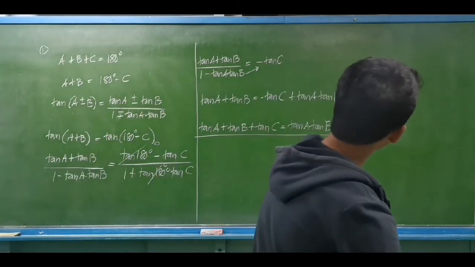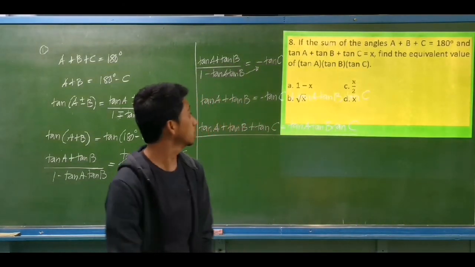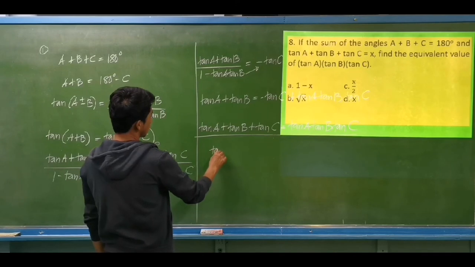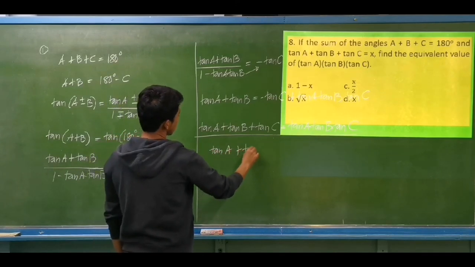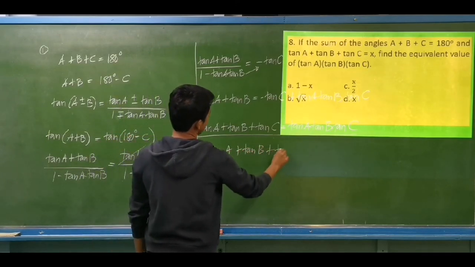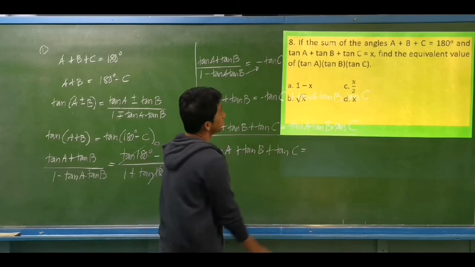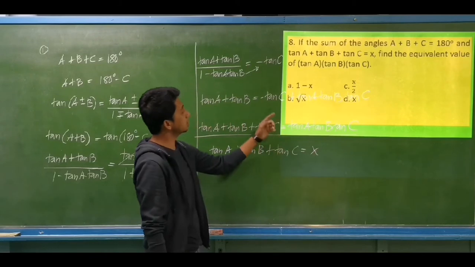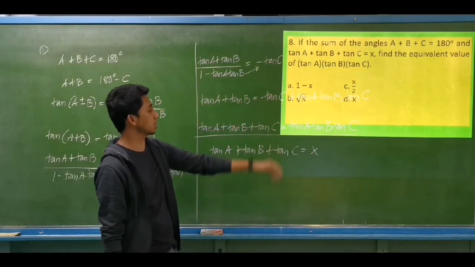Check natin sa choices. Ay, according sa problem, ang tangent A plus tangent of B plus the tangent of C equal daw sa X. So, ano yung equivalent ng tangent A, tangent B, tangent C?